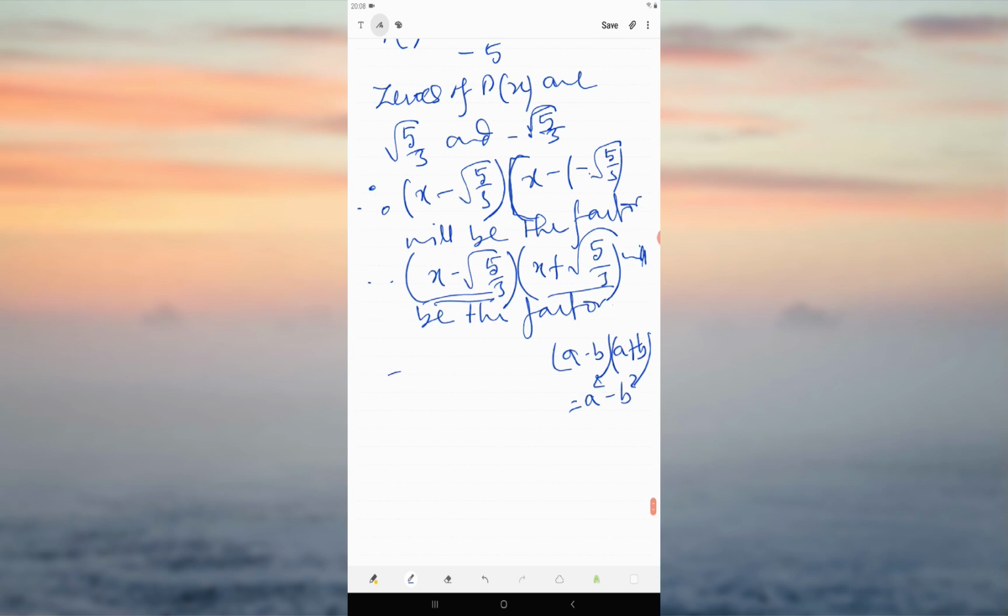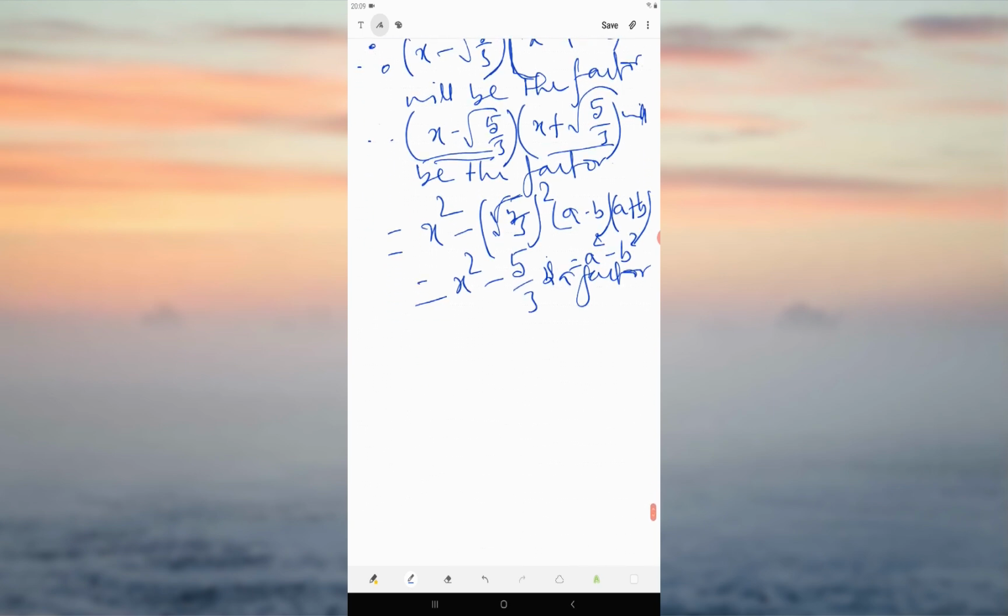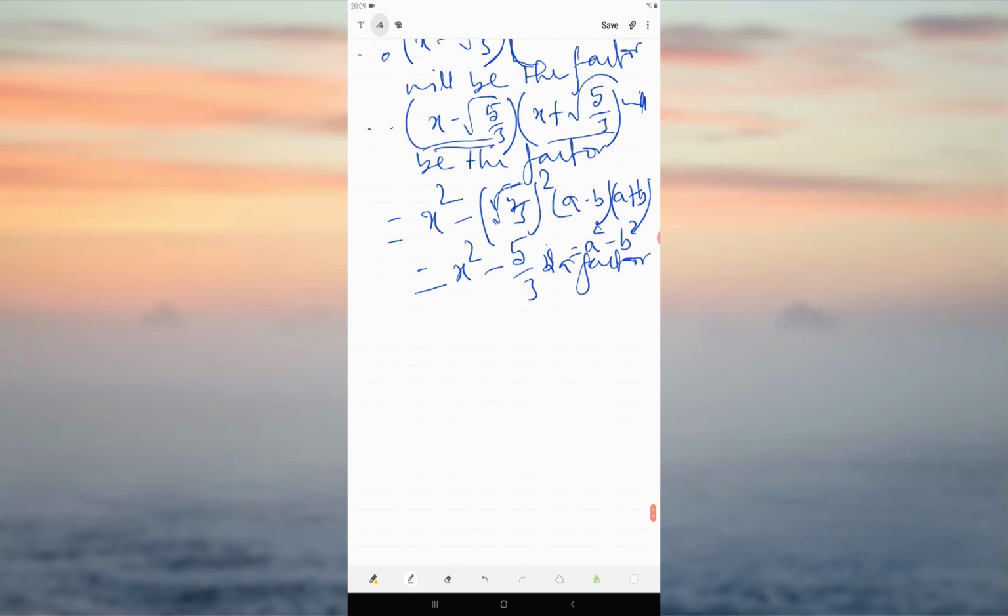So this becomes x square minus root 5 by 3 whole square, so that becomes x square minus 5 by 3. So this is a factor for the given polynomial. Okay.